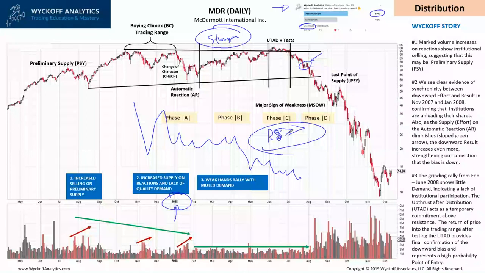The most recent example of this was in 2018, where we had that reaction to the downside, and a lot of the leadership like Nvidia or Apple looked exactly like this. There was a tendency to stay in the leadership, and that's what created that type of structure.